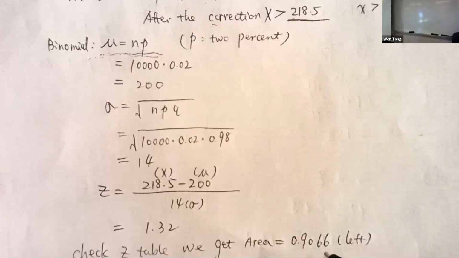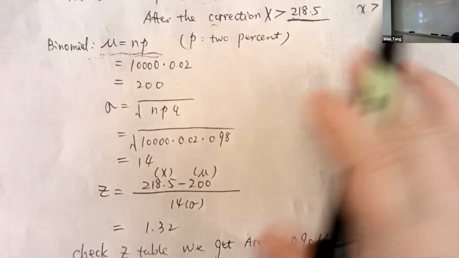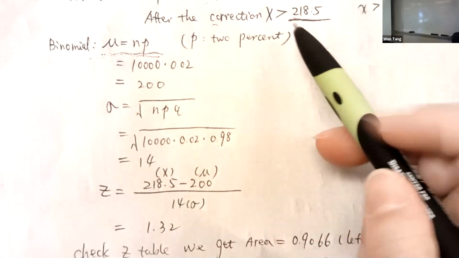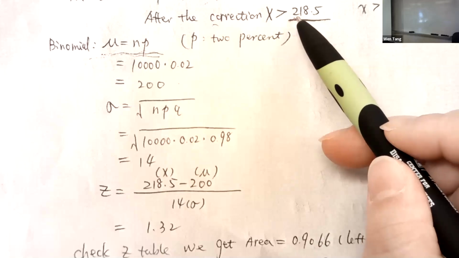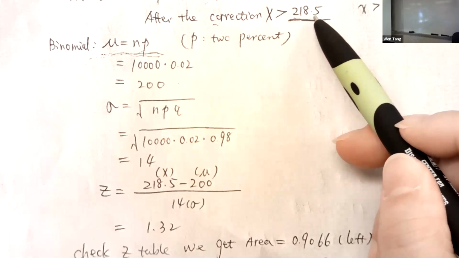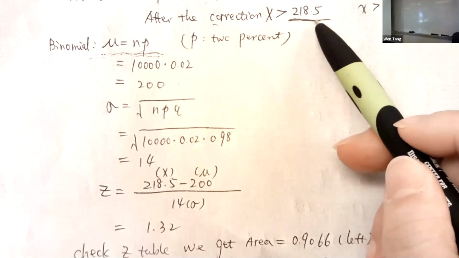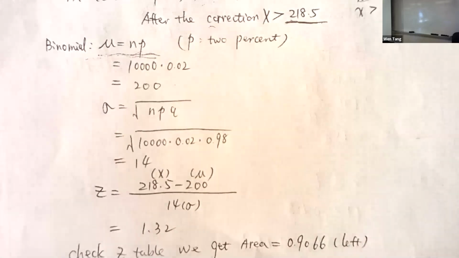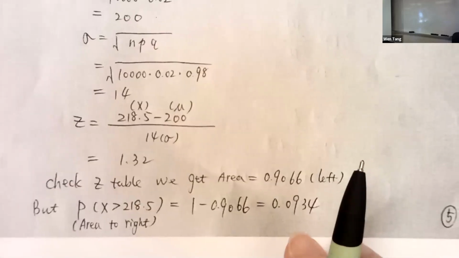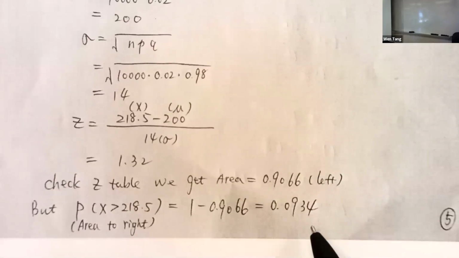It's directly from the table, right? But we go back to check the claim. We are actually talking about the probability of x being greater than some value. So if it's greater than some value, actually we are talking about the area cumulative from the right. So the area cumulative from the left is not the final answer.